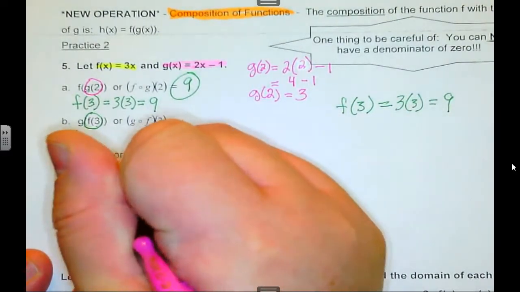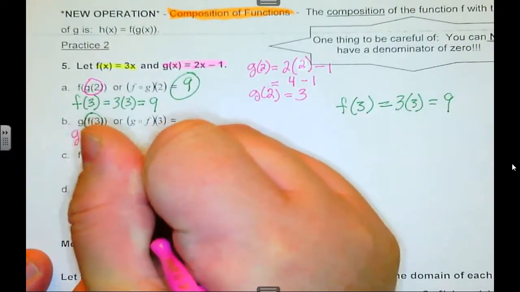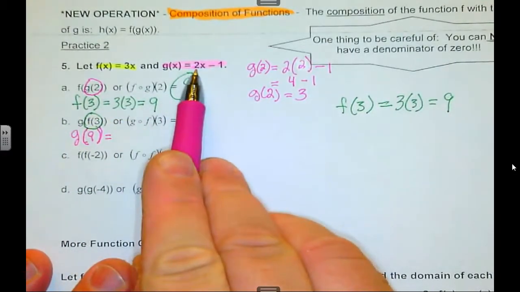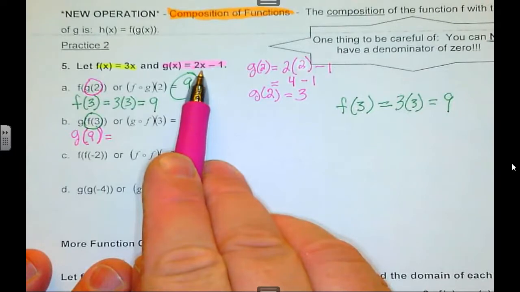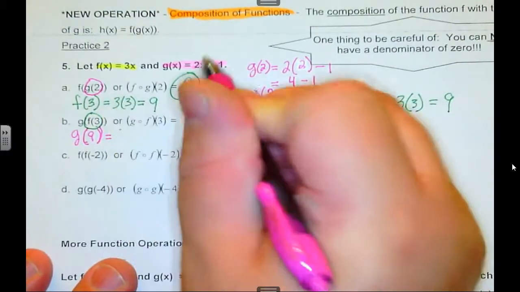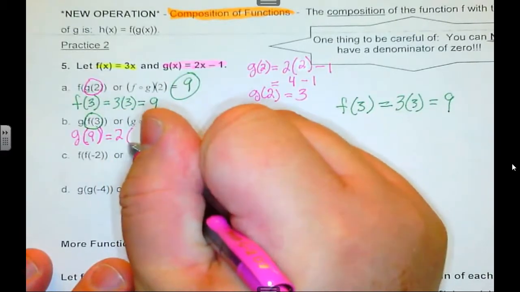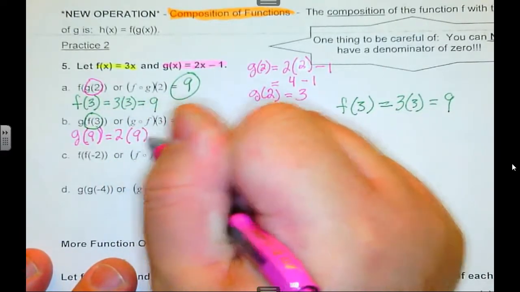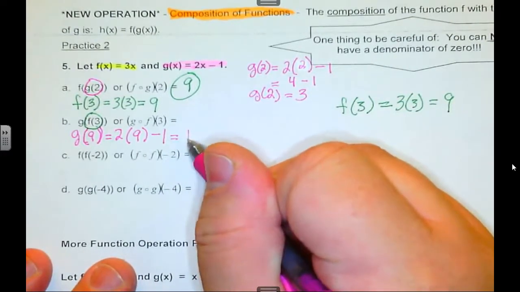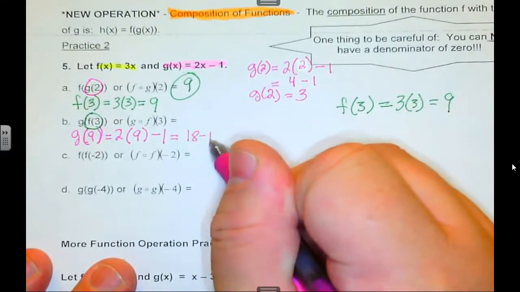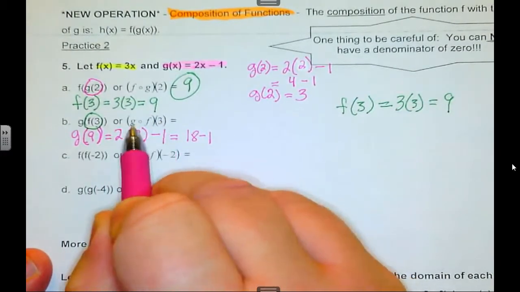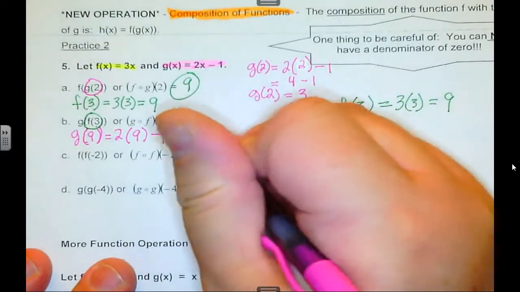So I have g of 9. So I'm going to look at my g function. And again, wherever there's an x, I'm going to plug in 9. So I have 2 times my x, which is 9, minus 1. 2 times 9 is 18 minus 1. So the g of f of 3, or gof 3, is 17.